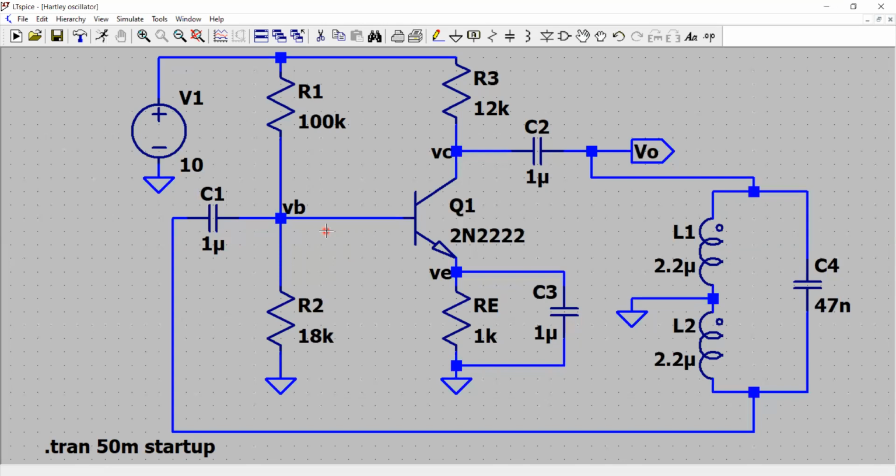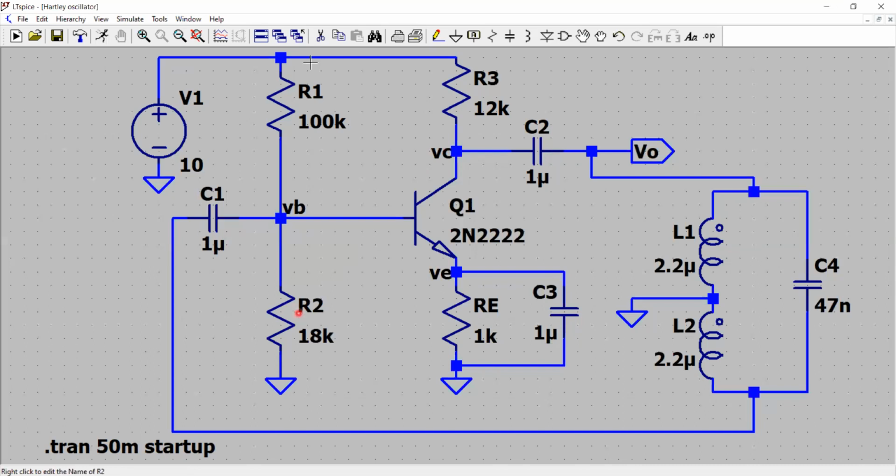We have covered this part also in one of our modules using SPICE, so you can always refer back to that module. I have used a 10-volt DC voltage source to provide power to the circuit.